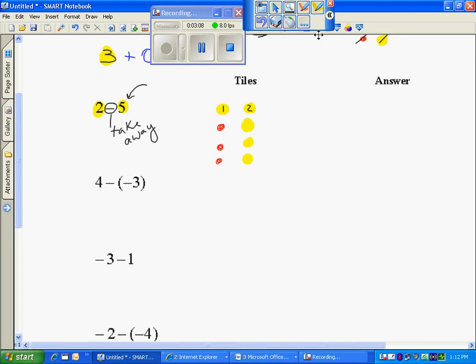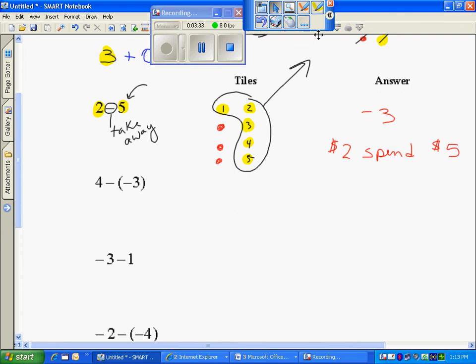Here's 1, 2, 3, 4, 5. If I take these out, what is left? 3 that are negative. Now, if I think of this in terms of money, I have $2, but I'm going to take or spend $5. Well, I spent more than I had, so I go in the hole by 3.